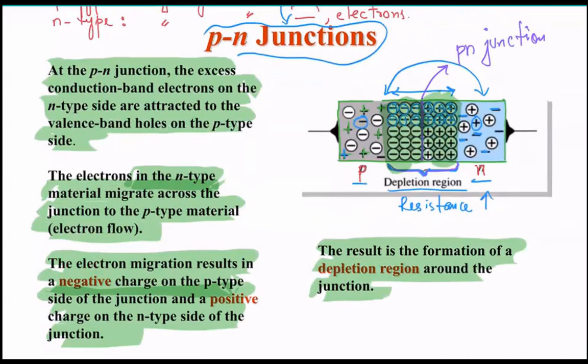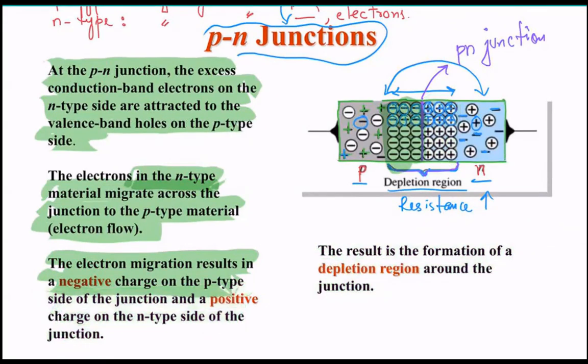So this is your junction in purple, and then you have this depletion region, which depends upon how many electrons are able to migrate to the other side. So the higher the depletion region, it acts as higher resistance, and therefore there will be less electron flow.